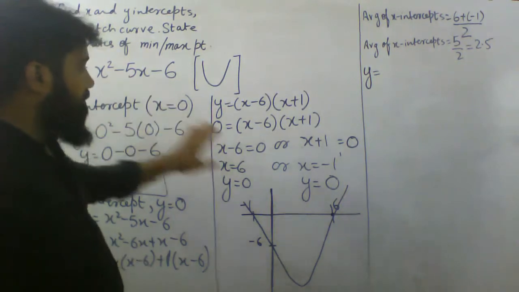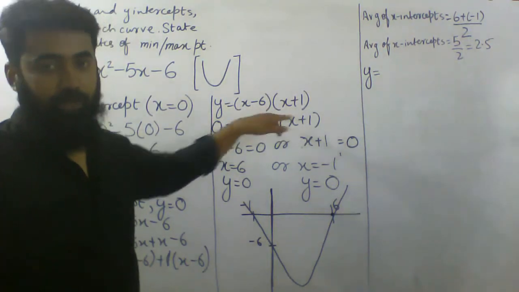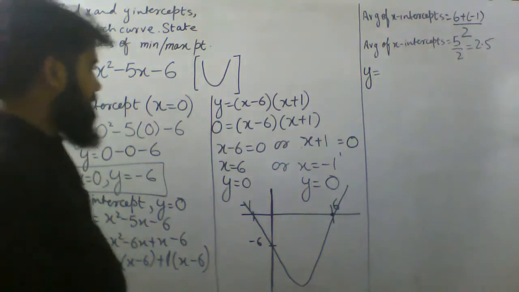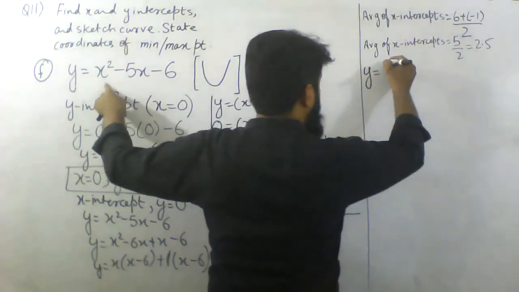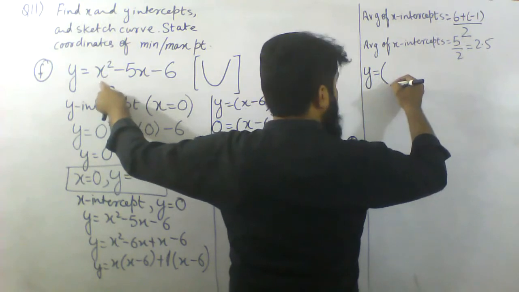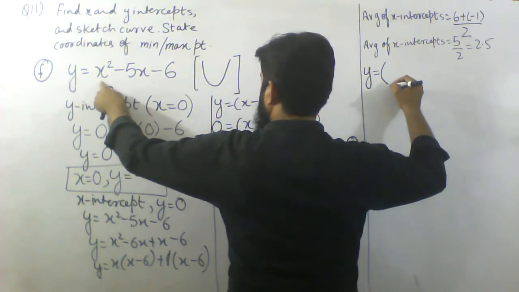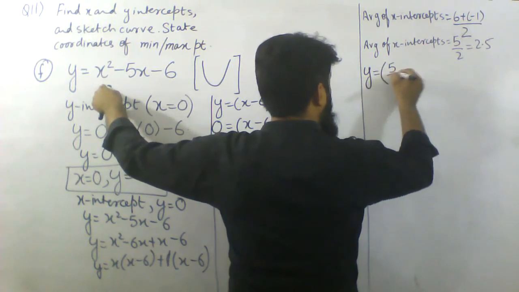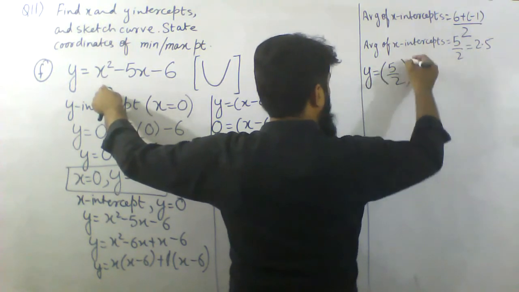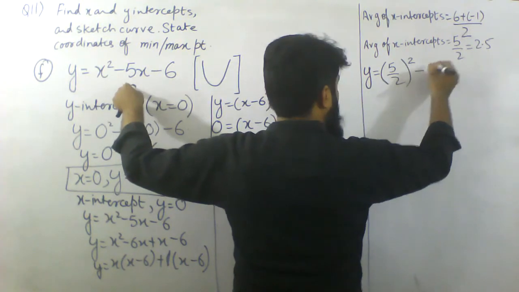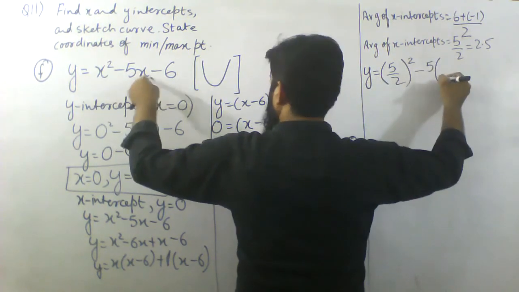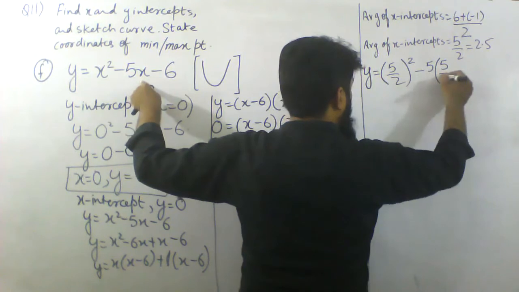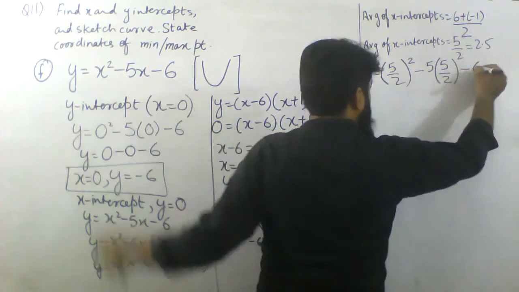So either you can plot it over here or you can plot it over here. Totally your choice. So I'm using this one. X is 5 upon 2, whole square minus 5. X is 5 upon 2 minus 6.